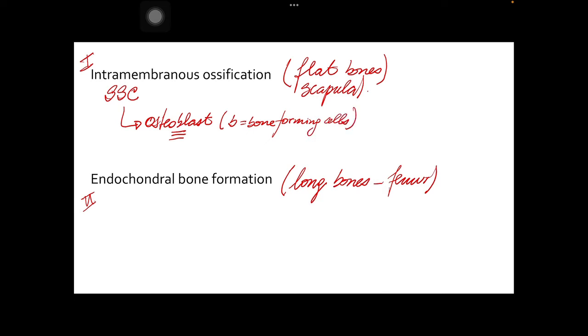And these osteoblasts are going to first create a non-mineralized matrix, a more soft cartilage type of matrix, and the intramembranous ossification is going to basically ossify this membrane-like structure.